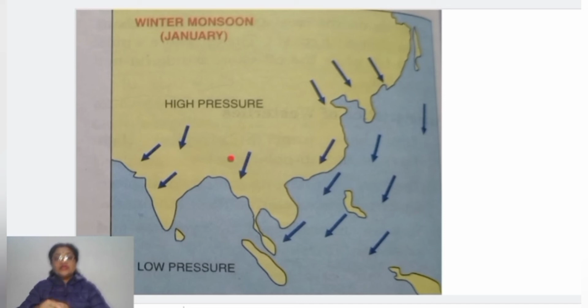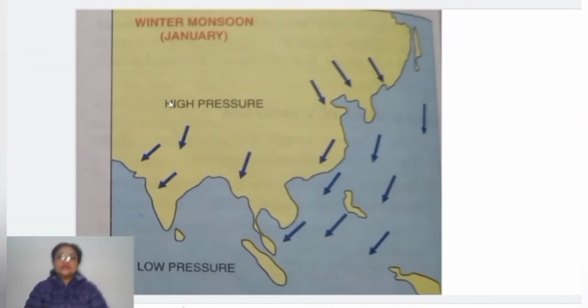So it is totally a seasonal phenomenon, but quite similar to the land and sea breeze. Here also, during one particular period of time, these winds blow from land to sea, and in the other period of time they blow from sea to land. So again, they can be taken as a type of periodic winds.